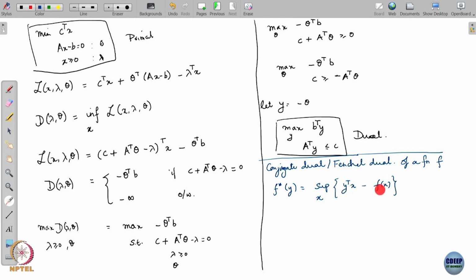So what is the maximum departure of this function from a linear function, and study that as a function of the slope. That quantity is what is called the dual function. Now, just like d was always concave, this f star is always convex.